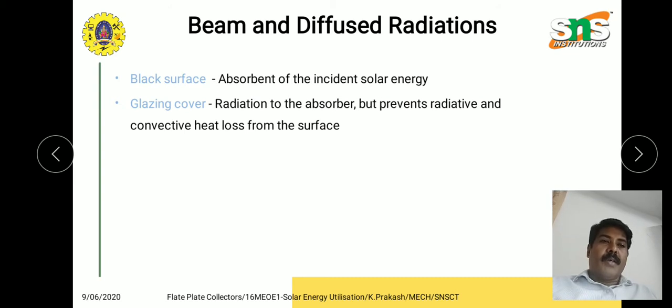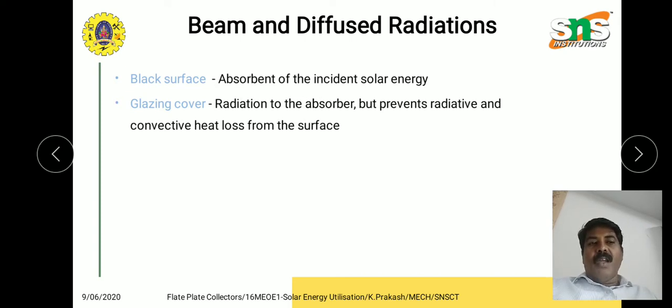And the glazing cover. So what is the purpose of using the glazing covers? One is to absorb the radiation, and when the radiation is absorbed, again it tends to radiate back outside to the atmosphere. So this has to be stopped.